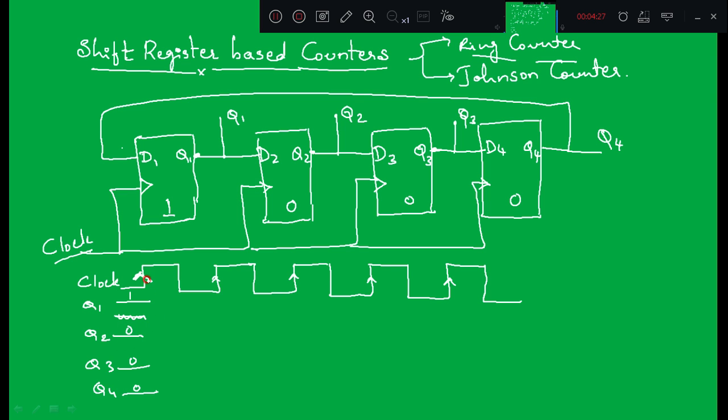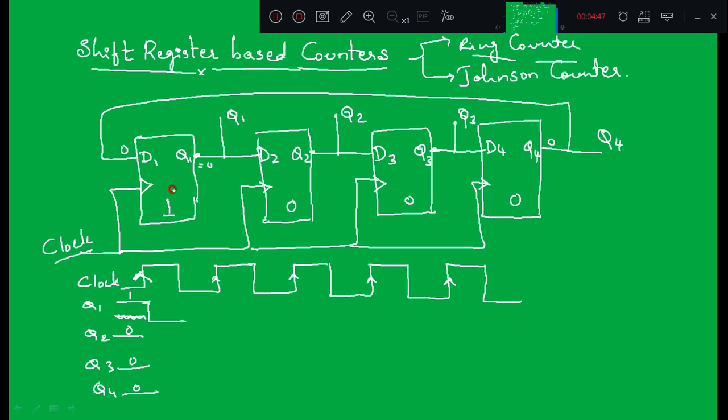So when the first rising edge of the clock occurs, what happens? Q4 is connected to D1. Since Q4 is 0, which is connected to D1, what happens to the first flip-flop? It is a D flip-flop and the output follows the input. That means Q1 will become 0 at the first rising edge of the clock, right?